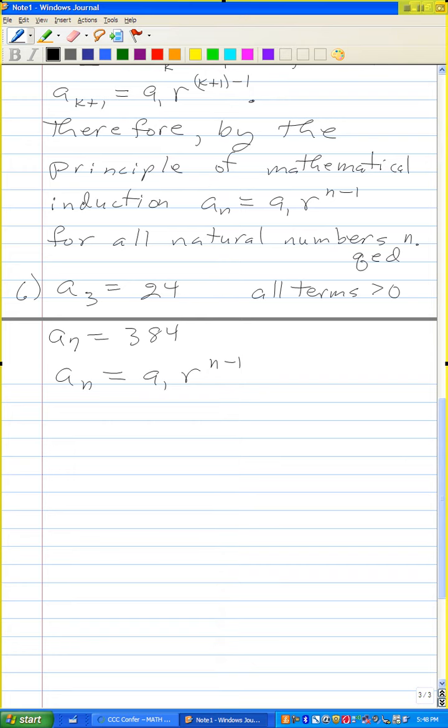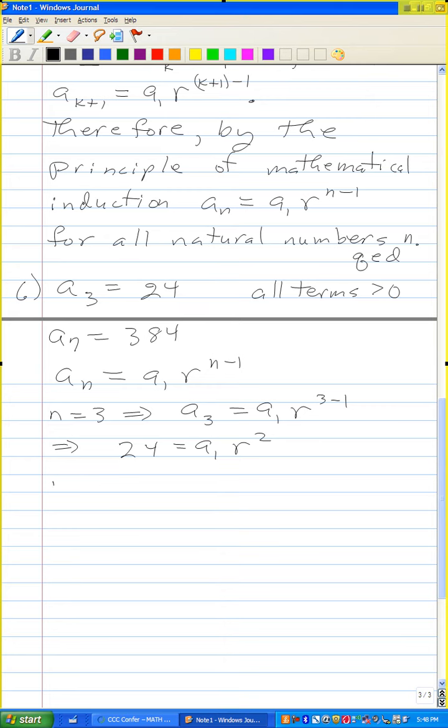And so, when n is 3, the general term for the geometric sequence says that a sub 3 equals a1 r to the 3 minus 1. I know that a sub 3 is 24, and 3 minus 1 is 2.